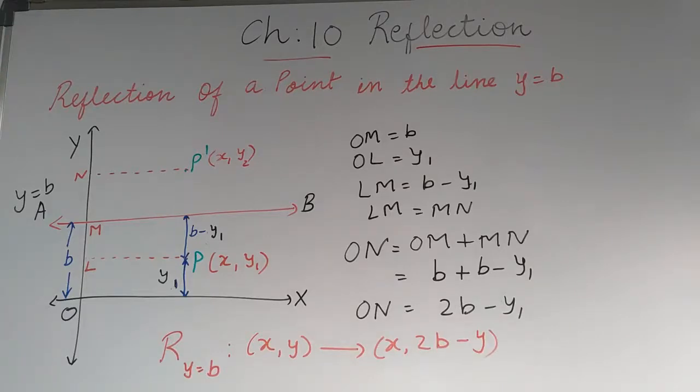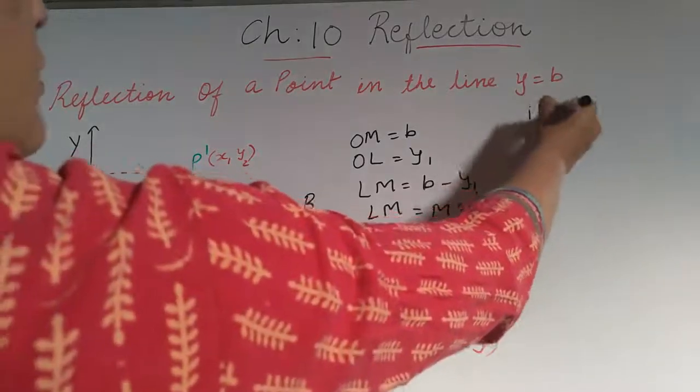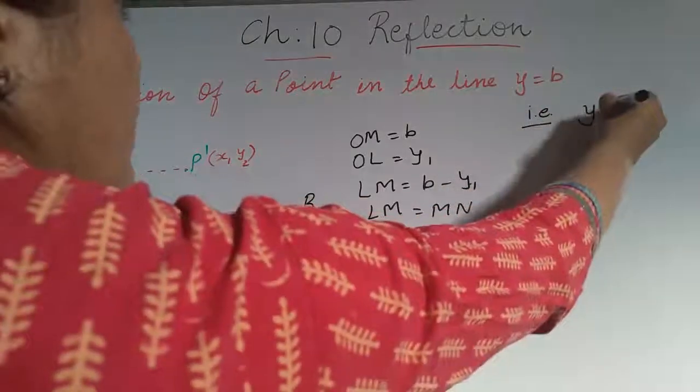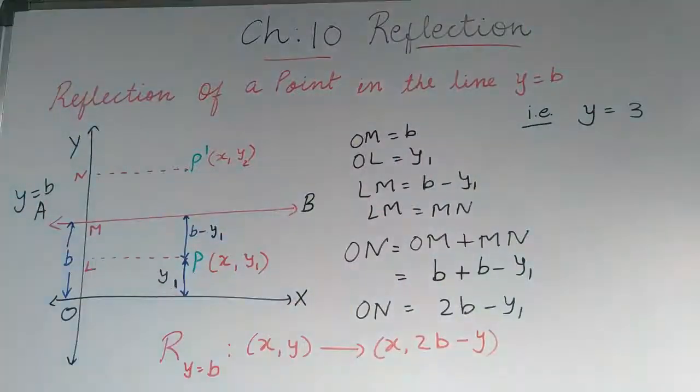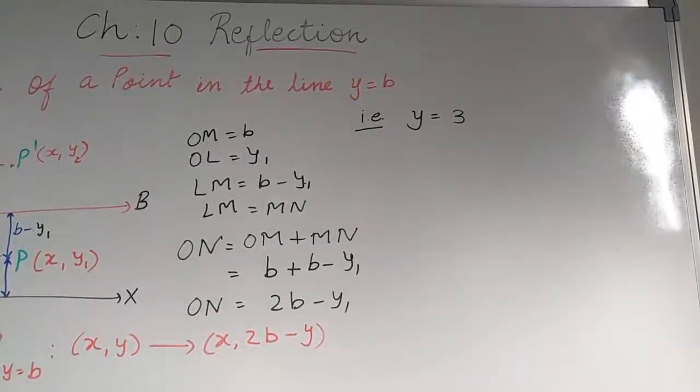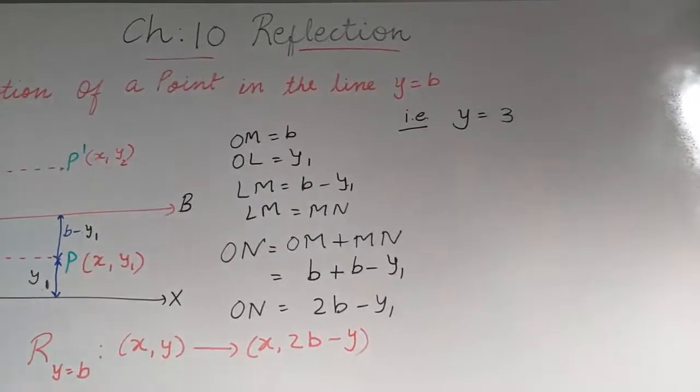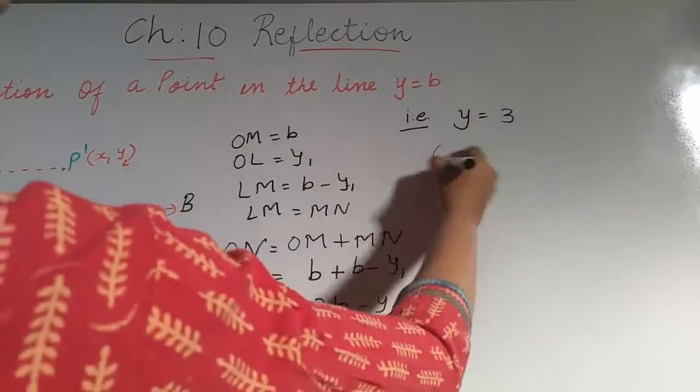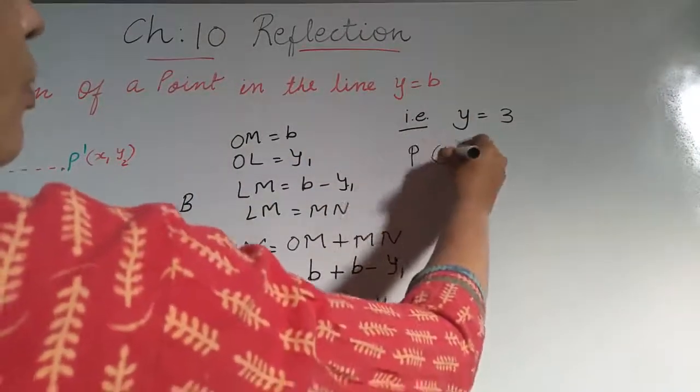Now let us take one example here. For example, let y is equal to 3. Some line is given to you in the question, and one point will also be given to you in the question, let some point be P(1, 5).